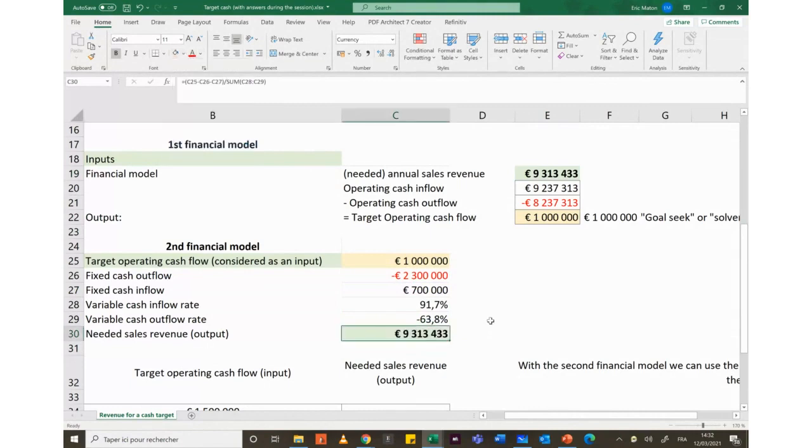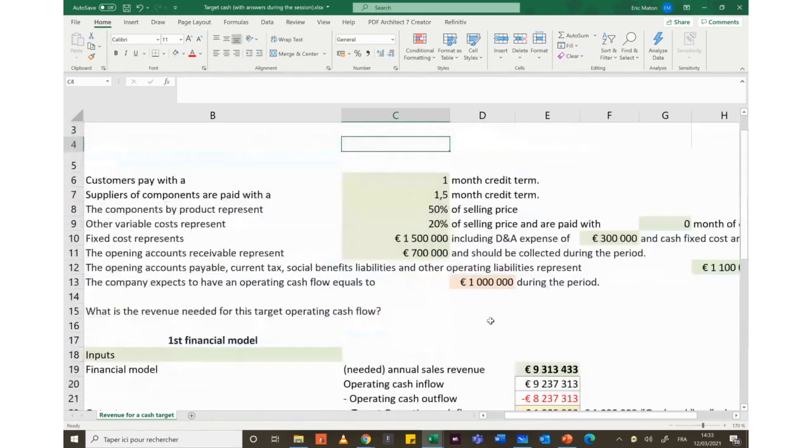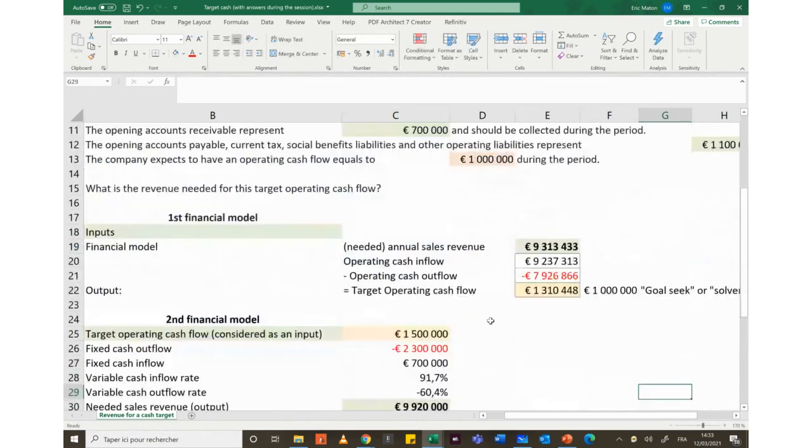Thanks to this model, I can change the target of the operating cash flow, and I will have automatically the sales revenue. If I want 1.5 million, I need 11,104,470 with these conditions. If I change the condition, I pay after 2 months, now I have the effect of the 2 months, and I can change everything.